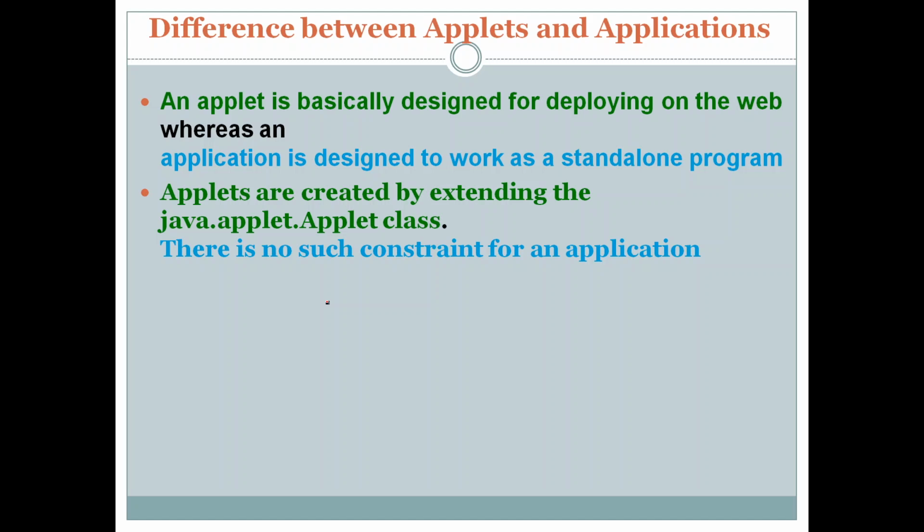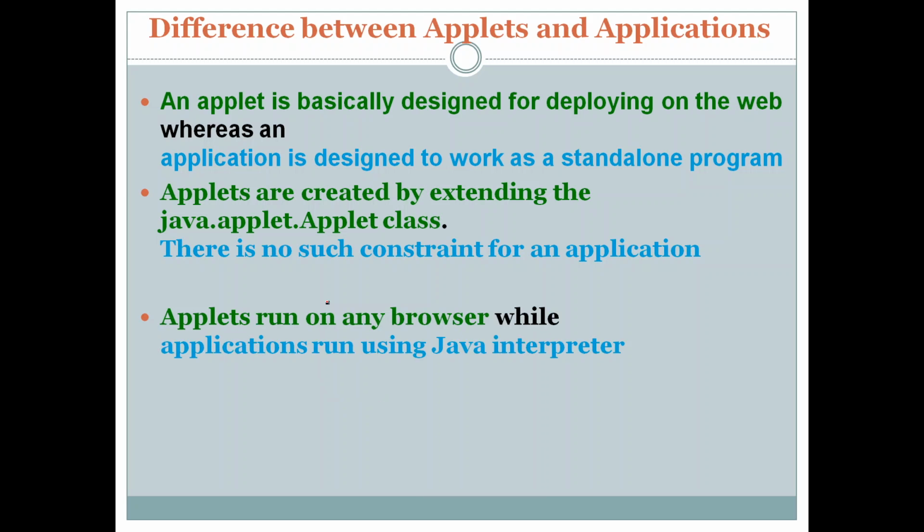Applets are created by extending the java.applet.Applet class. To create an applet, the class has to extend the java.applet.Applet class, but there is no such constraint in case of an application. In case of an application, there is no need to extend any class to create a simple application.